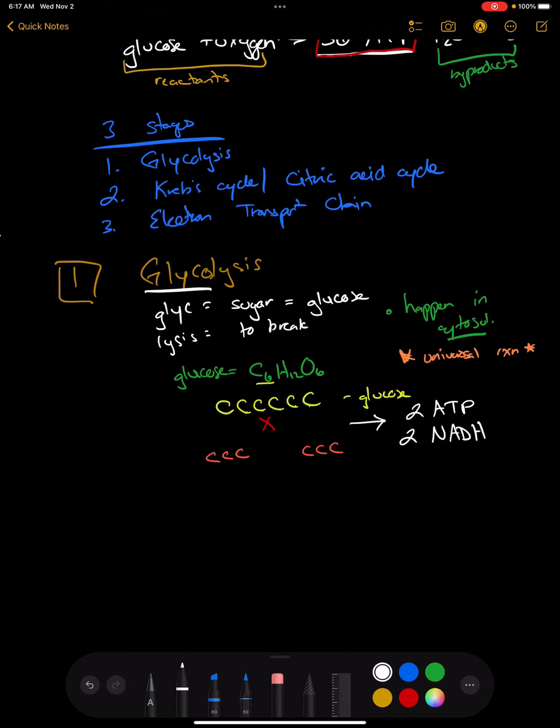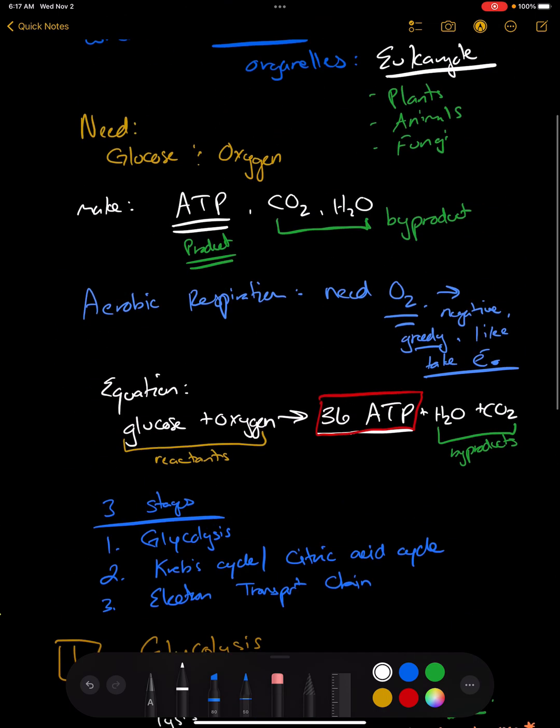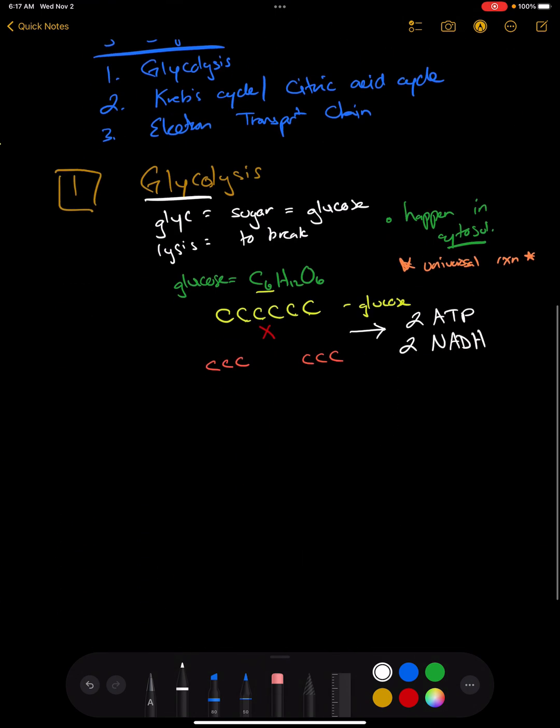So we need to talk about my 2 NADHs in a second. But if I go all the way back up to my equation, I'm supposed to get 36 ATP. Right now, I have 2. So that's why we have to go through the other steps in aerobic respiration, because I need to continue to make more ATP.